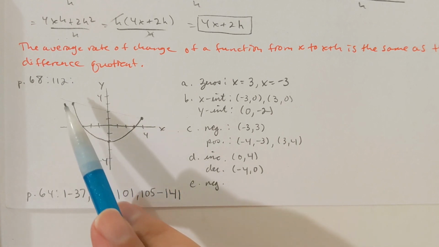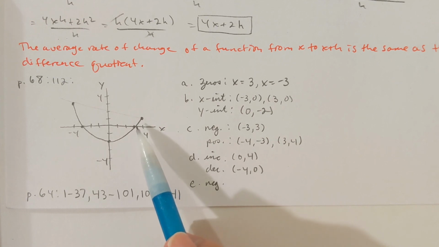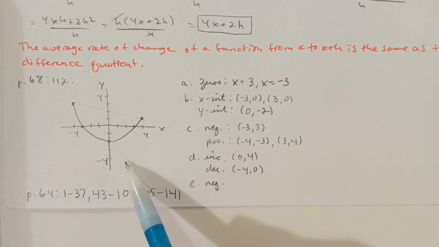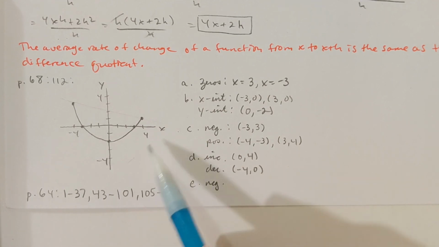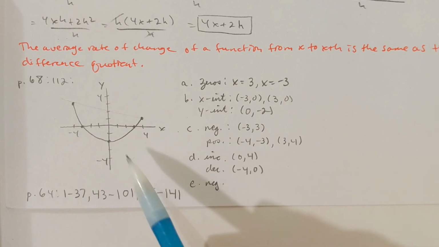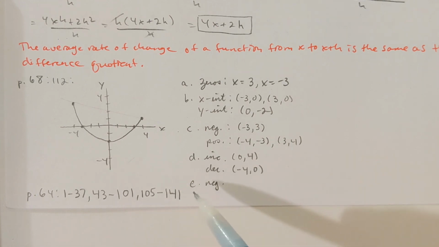I don't know if you can see that. And the slope of that line would be a negative slope. Okay, a positive slope line is slanted like this, and a negative slope is slanted the other way. So negative would be the answer.